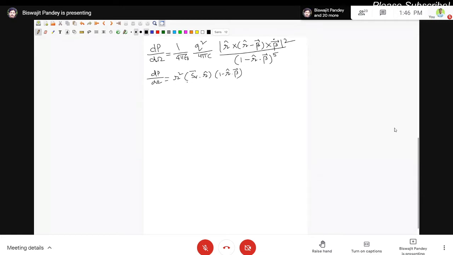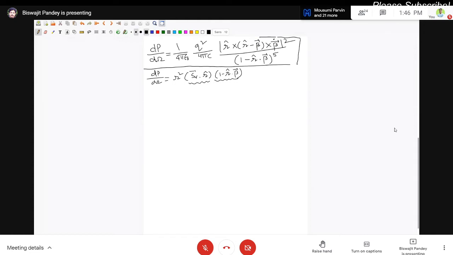So this quantity, 1 minus r cap dot beta, and we have a (1 minus r cap dot beta) to the power 6 coming from this. So the power will be reduced by 1, right? This is the formula for the power radiated per unit solid angle.